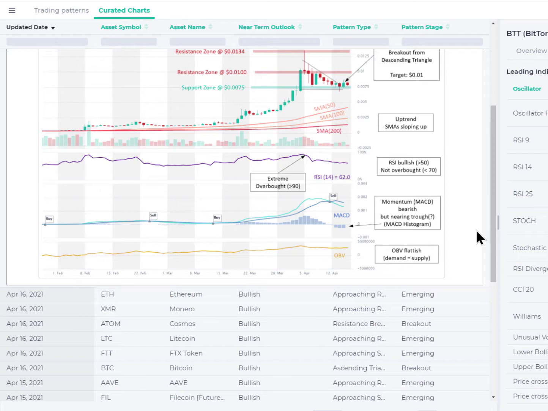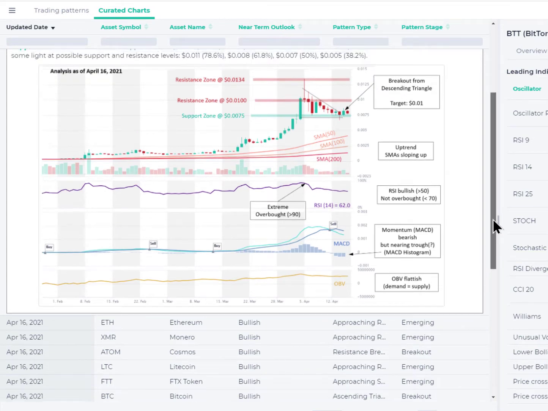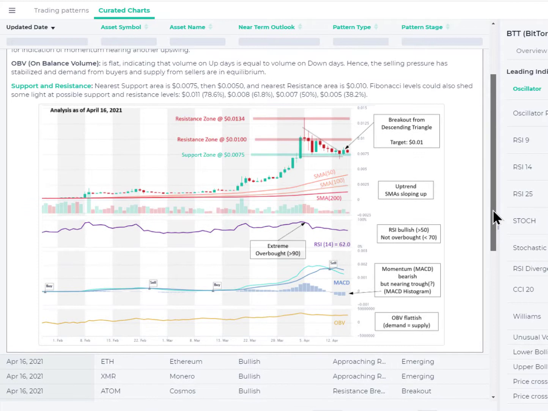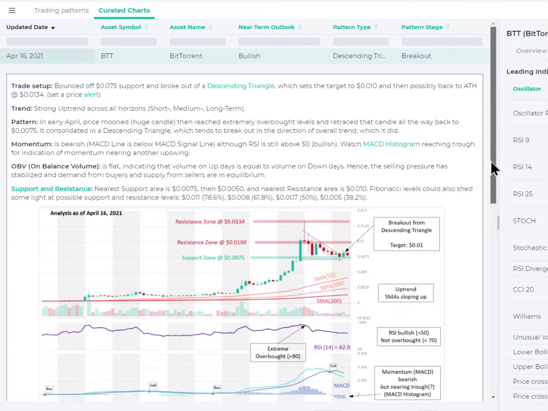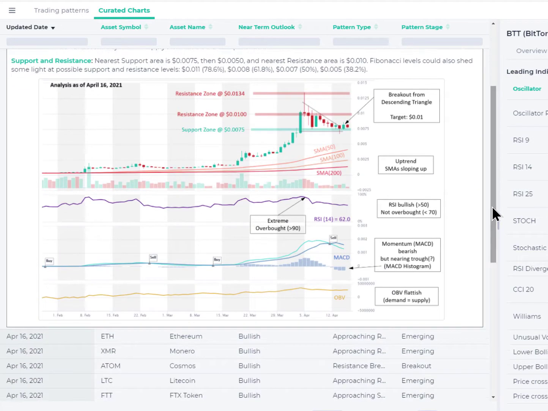And the OBV, on balance volume, volume on up days versus the volume on down days, is flattish. Not tremendous positive here, certainly no negative, not positive. We would like to see that trending upwards. But in any case, these curated charts are very simple and straightforward ways of giving you some trading ideas.